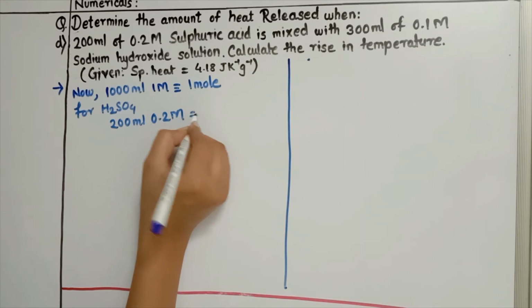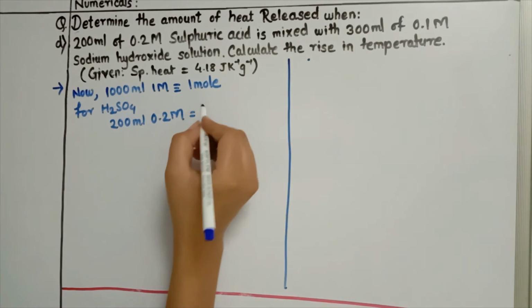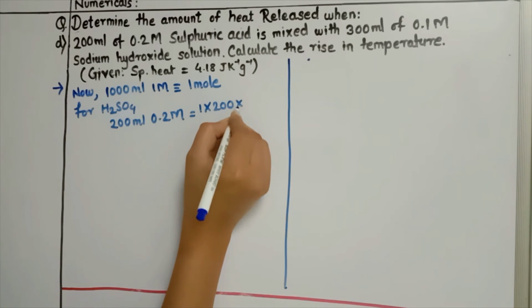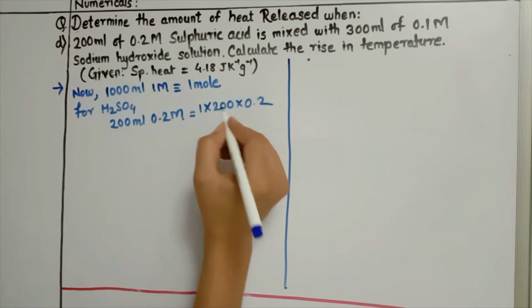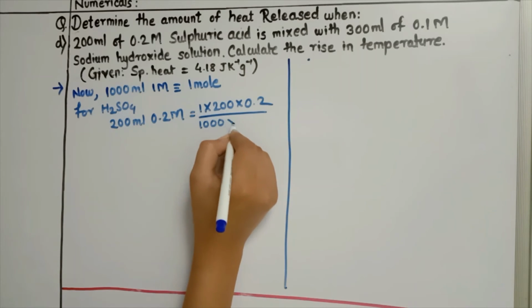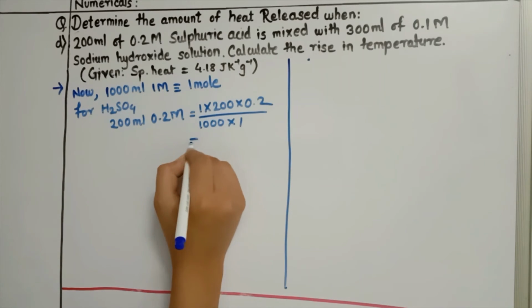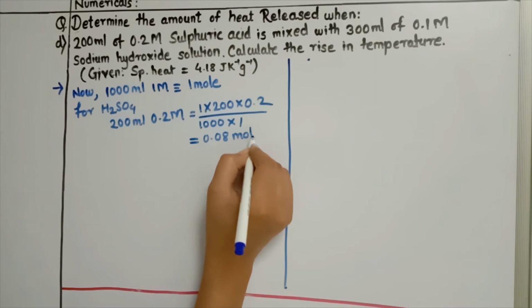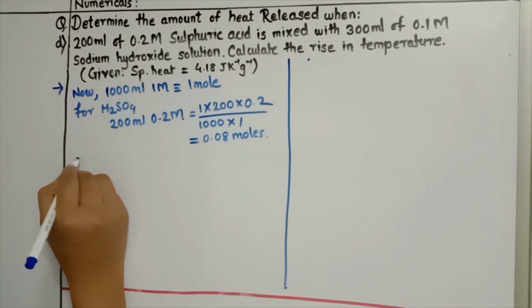Now what we will do? We will cross multiply it. 1 into 200 into 0.2 upon 1000 into 1, and that is equal to 0.08 moles.